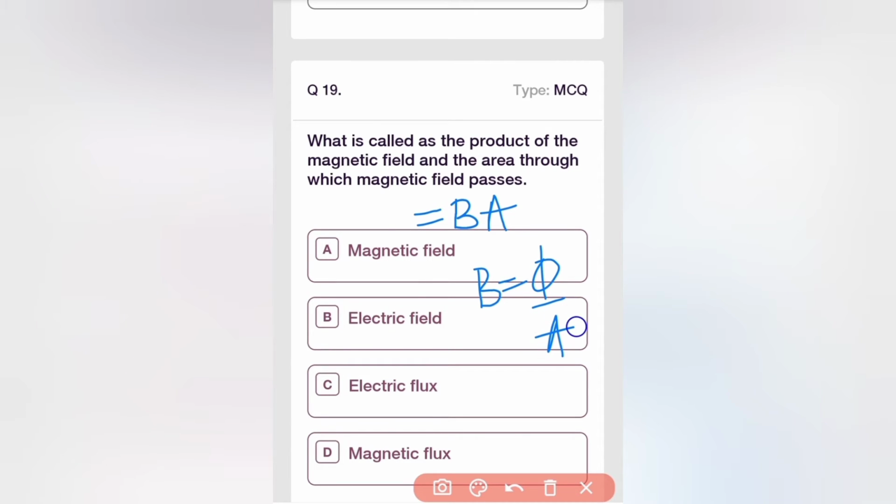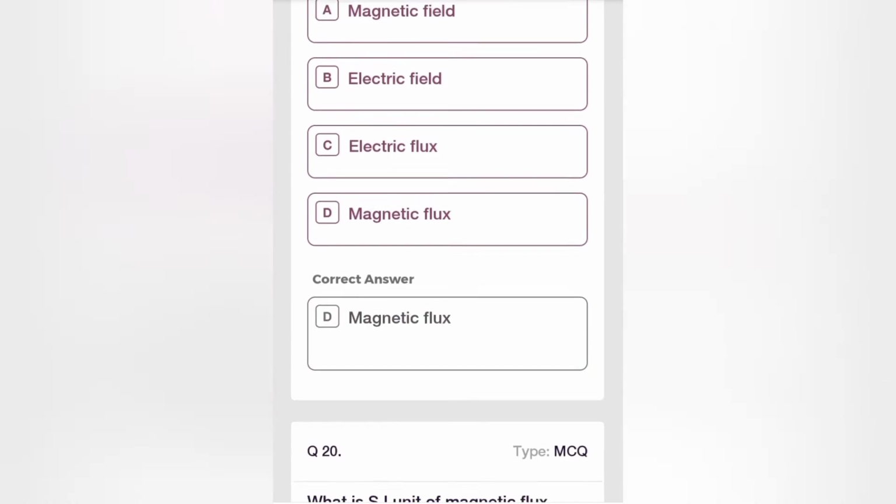So from this we can cross multiply, so that I can get flux is equal to B into A. Which means that it is magnetic flux. Phi is magnetic flux. Option D is the correct answer.